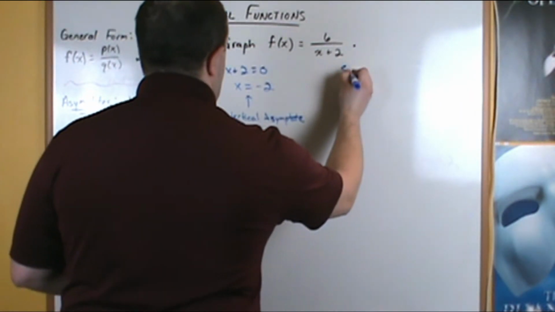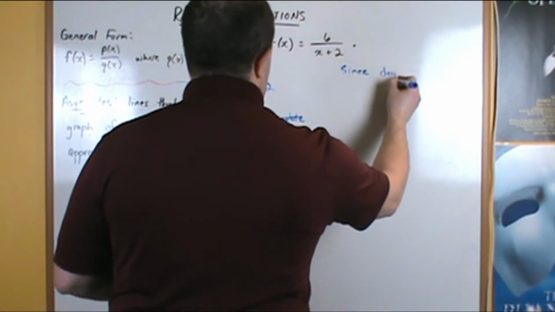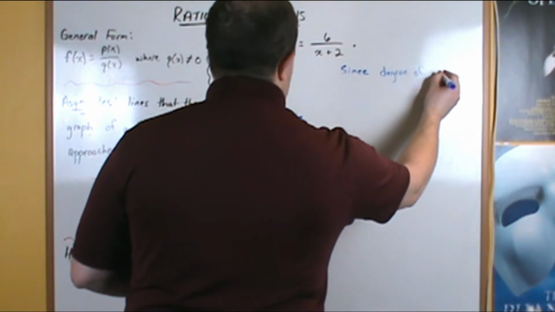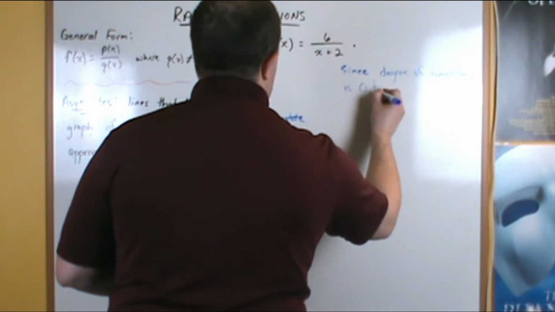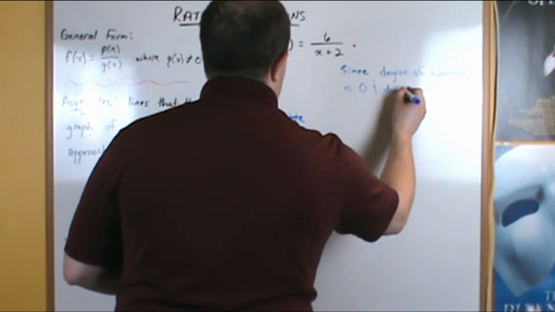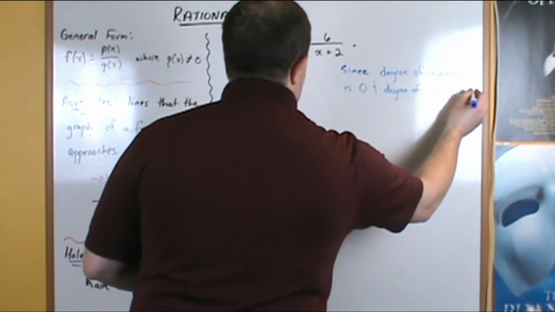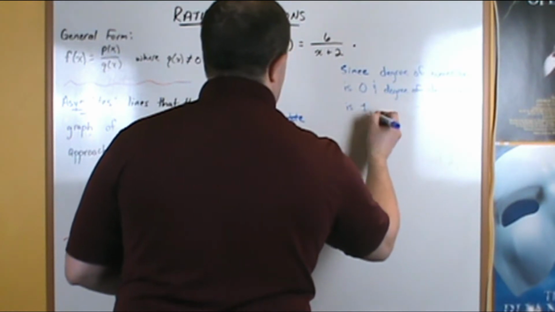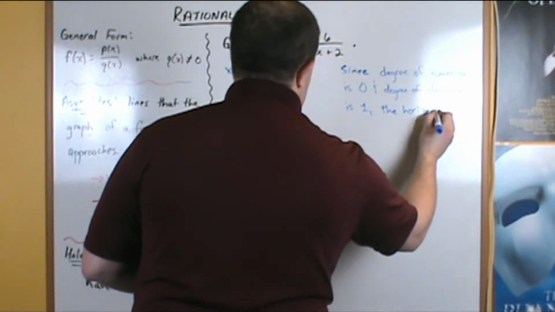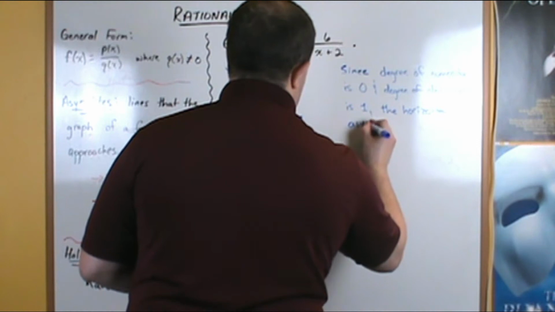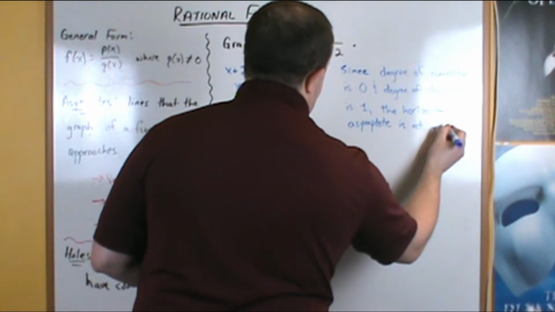So since the degree of the numerator is 0 and the degree of the denominator is 1, the horizontal asymptote is at y equals 0.